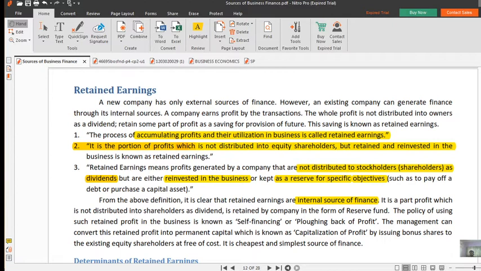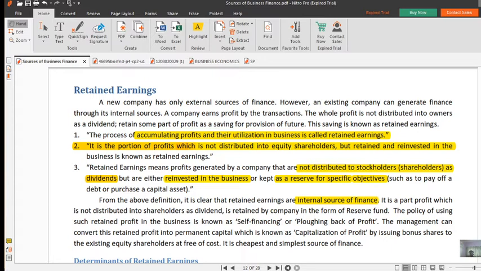There are two sources, own sources and borrowed sources. Then in own sources we completed shares, types of shares, features of equity shares, features of preference shares, and the next thing of own sources, that is retained earnings.